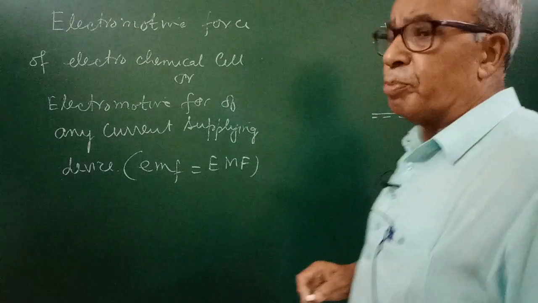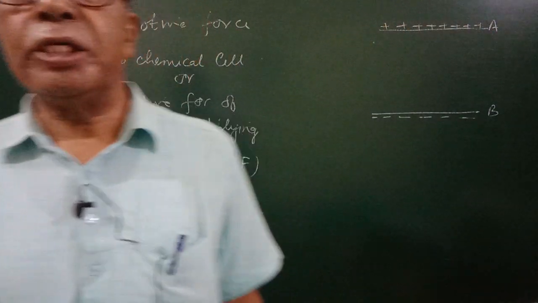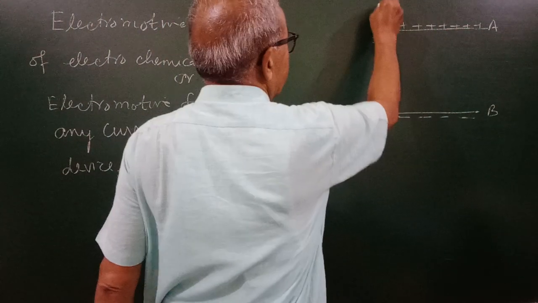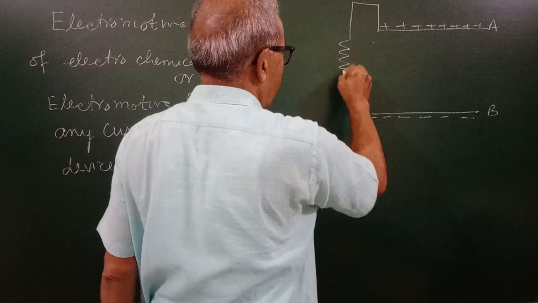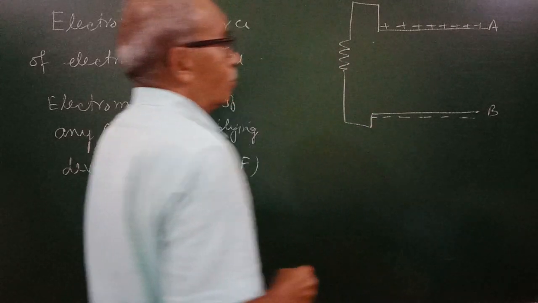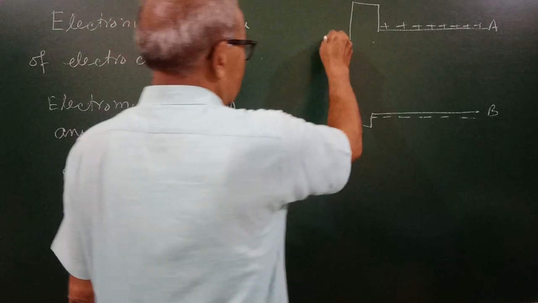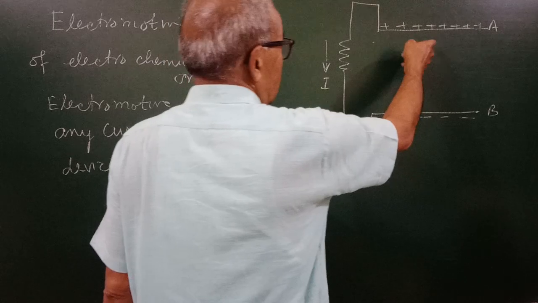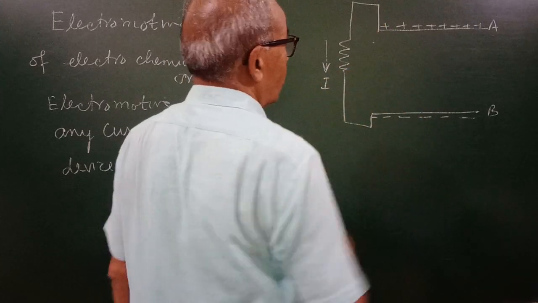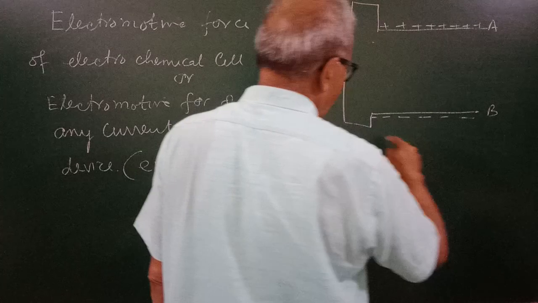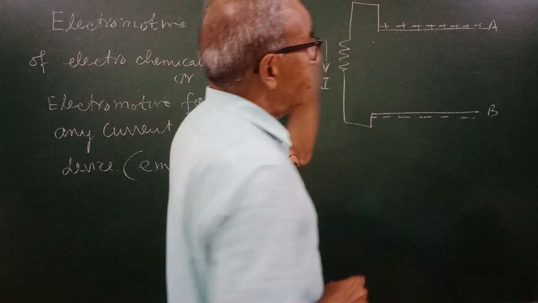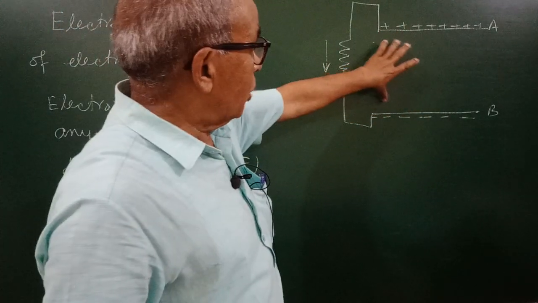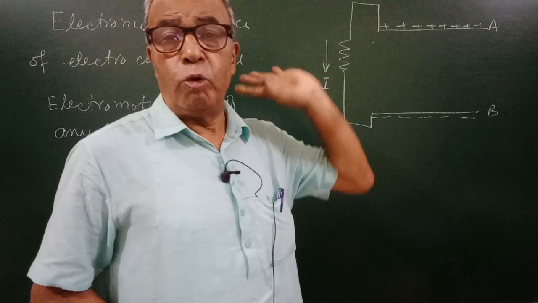Due to the presence of positive and negative charge, there exists a potential difference between plates A and B. If I connect them by a conductor, you know electric charge flows from higher potential to lower potential. So current will flow, from plate A to B, or flow of negative charge from B to A. It neutralizes the charge of plates A and B very soon, and therefore the potential difference becomes zero and no current flows.